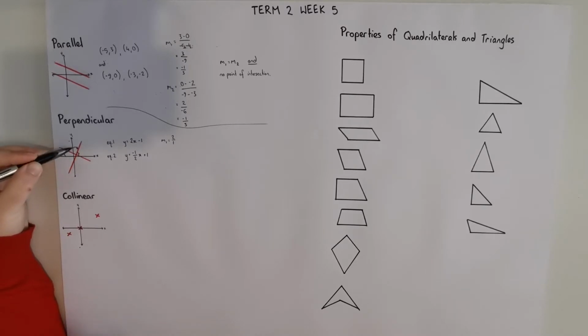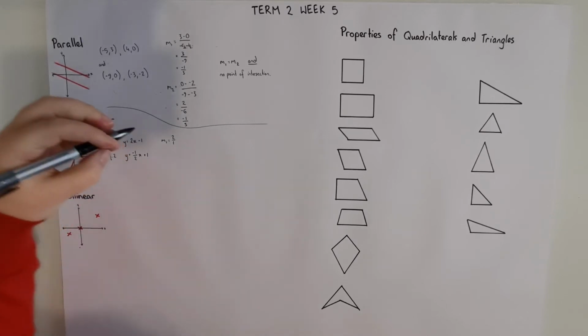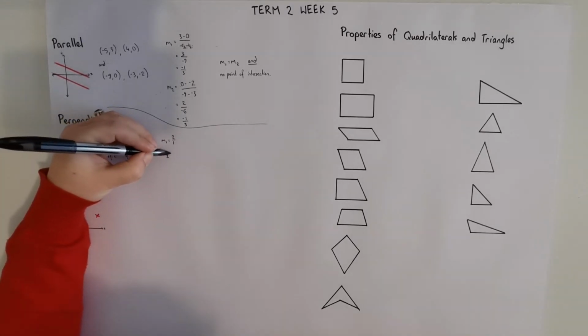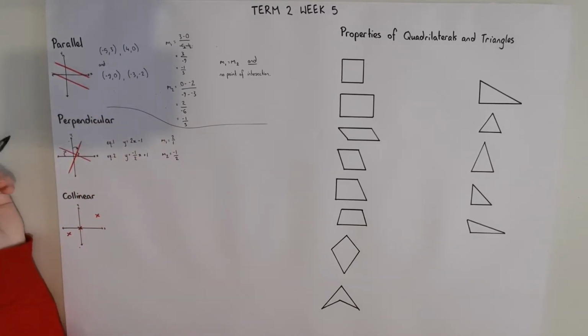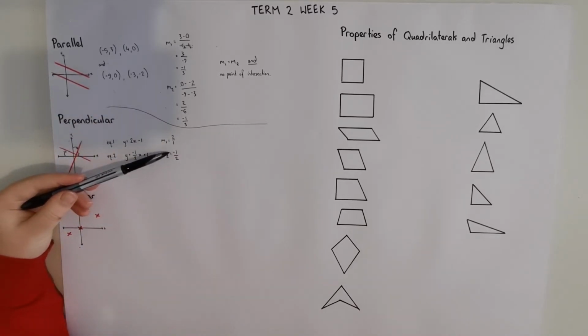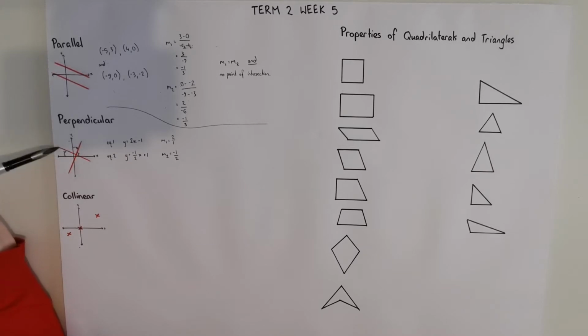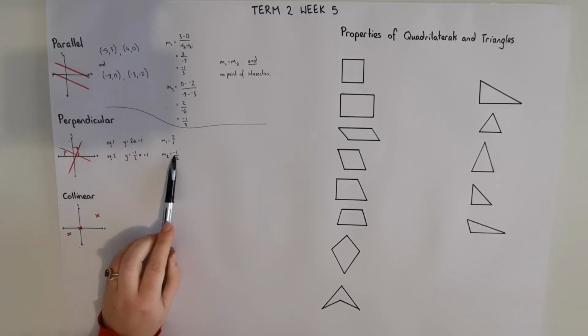Rather than a rise of 2, run of 1, we switch that around. Rise of 1, run of 2. My second gradient has that. But of course, because they are perpendicular, we can see that 1 is positive, 1 is negative, which is why I have my negative here.